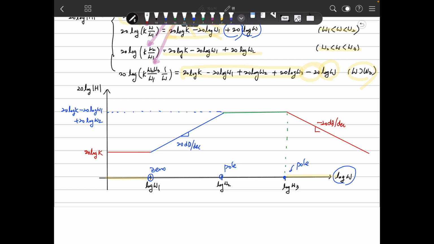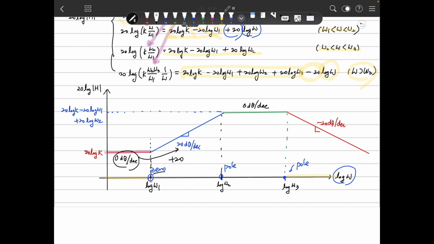At first we have the slope like that, but at the zero, what happens? Before it, the slope is 0 dB per decade, but at the zero, the slope increases by plus 20. And at a pole, the slope changes by minus 20 dB per decade.